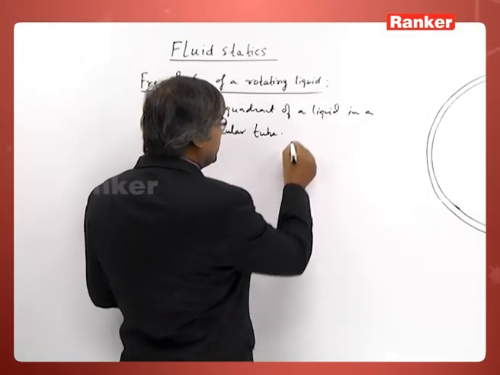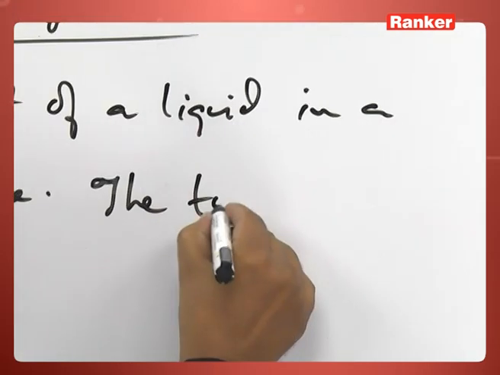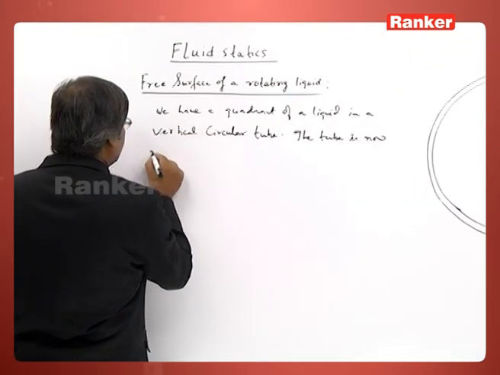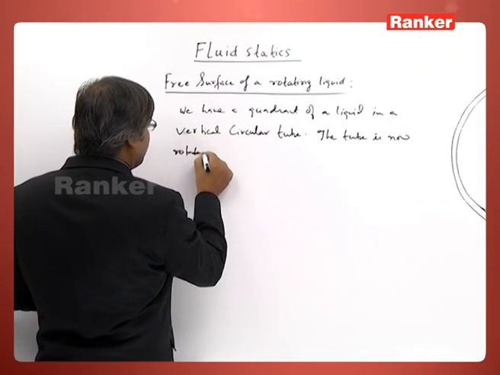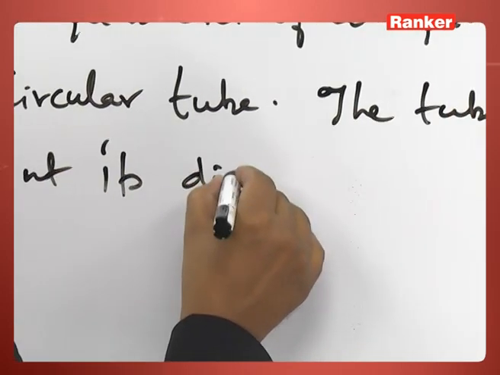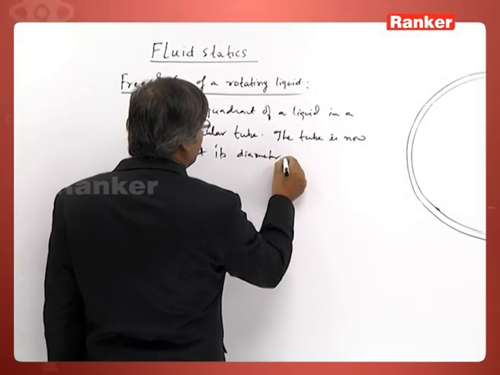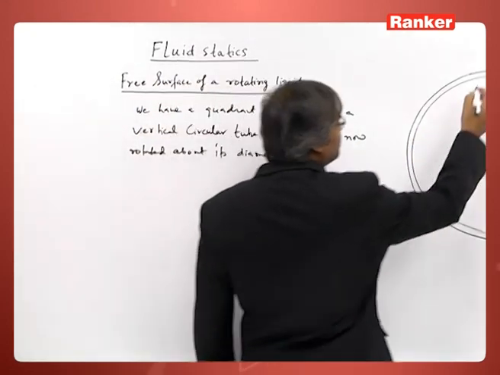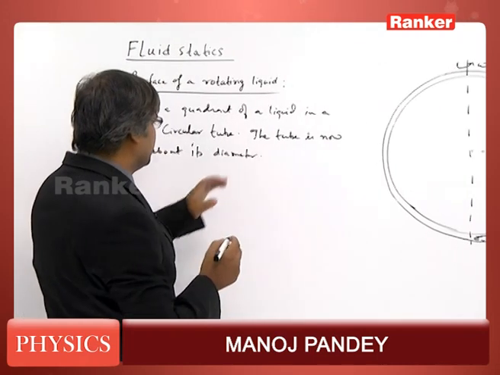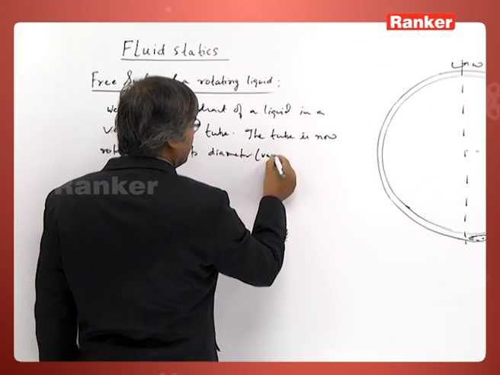Now, the tube is rotated about its diameter. So, let us rotate this tube about its vertical diameter, that diameter is vertical.